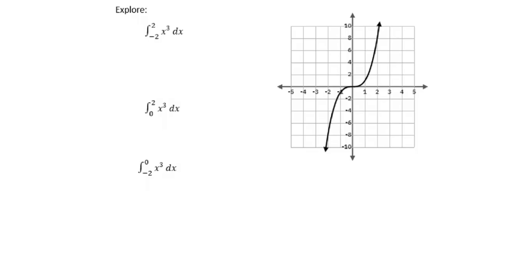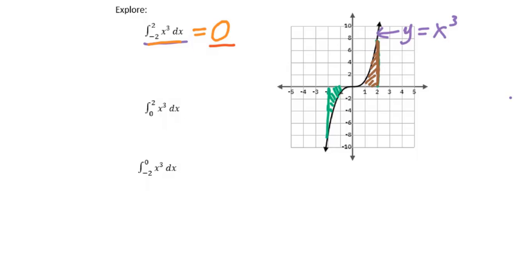Let's explore the definite integral from -2 to 2 of x third power dx. This function is y equals x to the third power. If we put this into a graphing calculator, your answer will be 0. What happened if a definite integral only means area? How did we get 0?